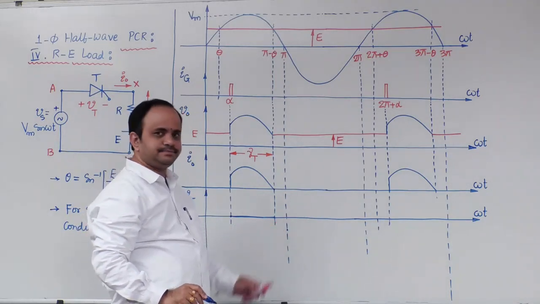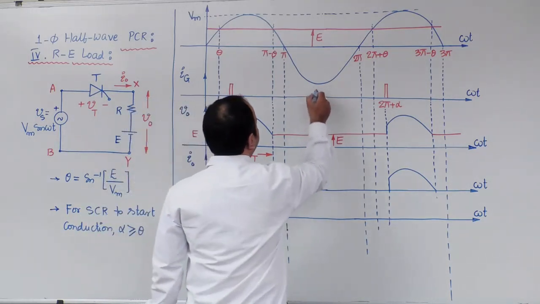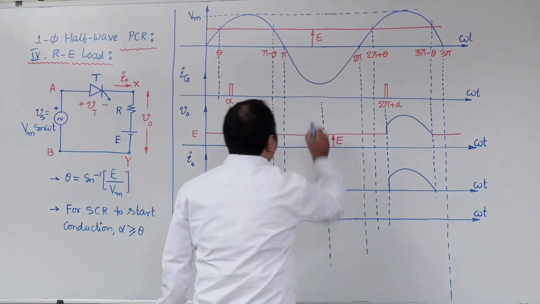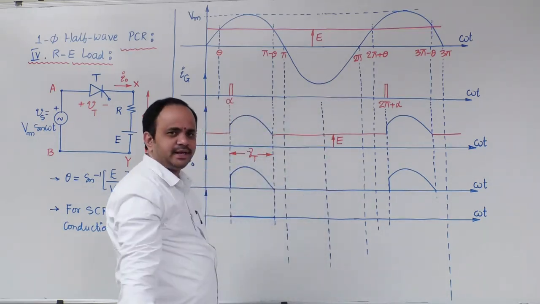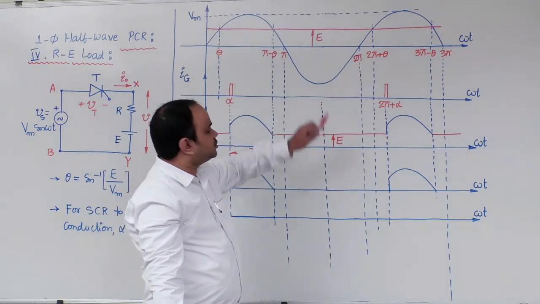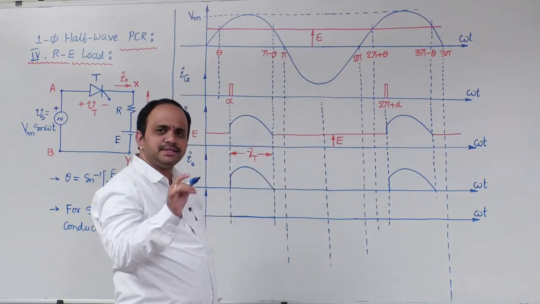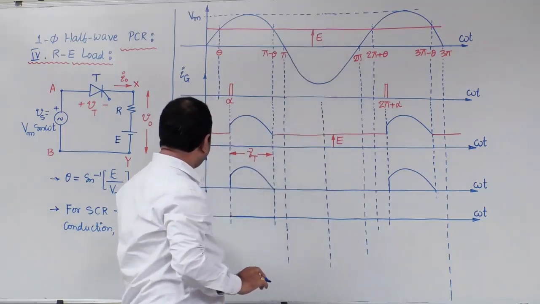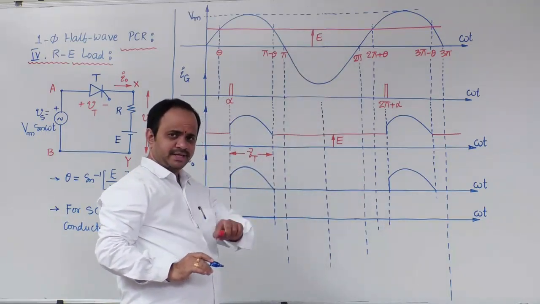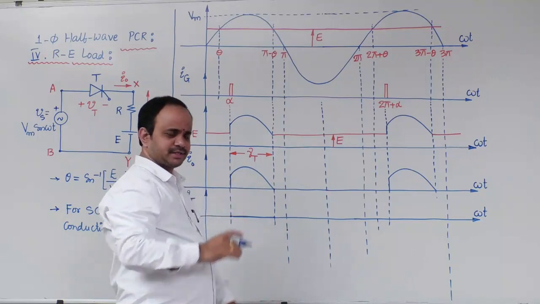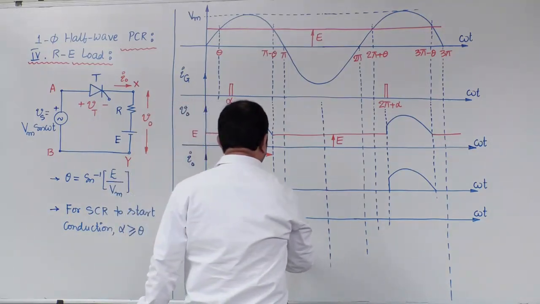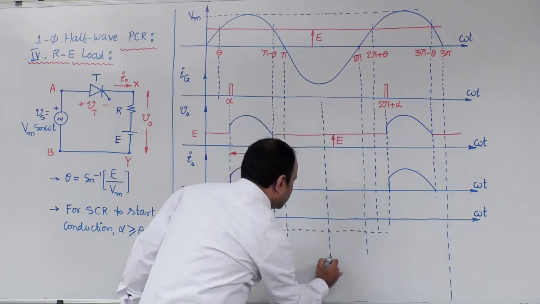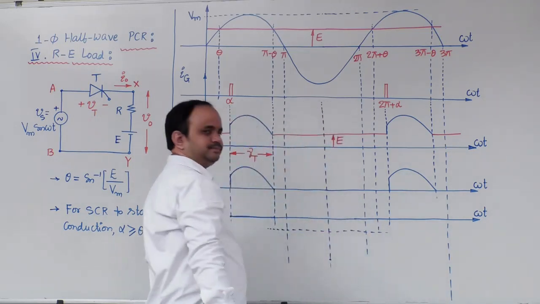Next, at 3 pi by 2 or 270 degrees, the sinusoidal value is minus Vm, and load EMF is E. Therefore, the voltage across SCR is minus Vm minus E. Taking minus common, that is minus of Vm plus E. Let me take that value here.